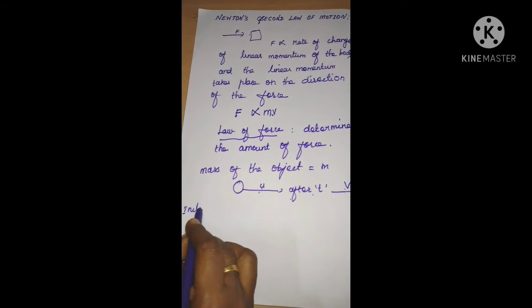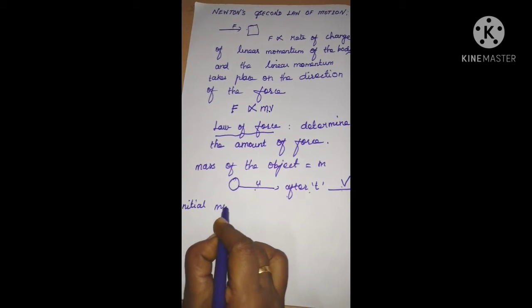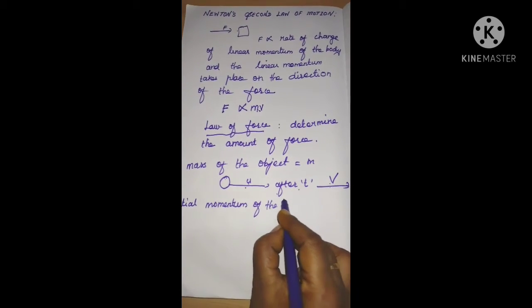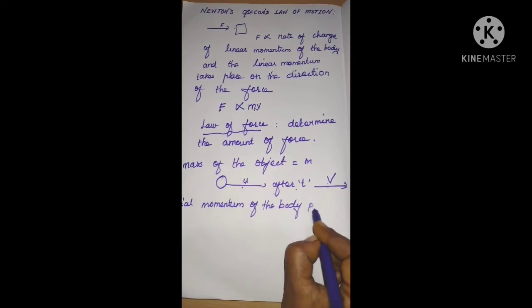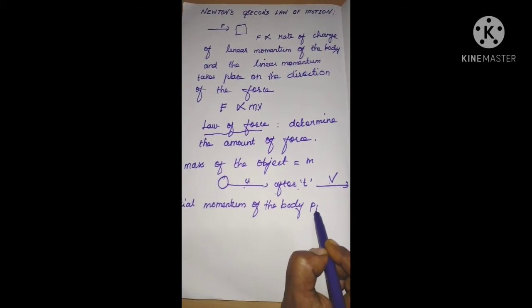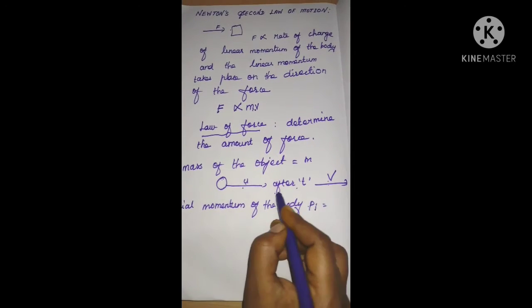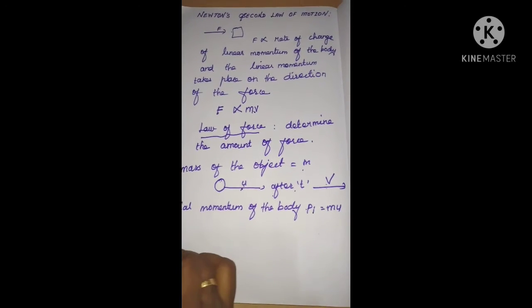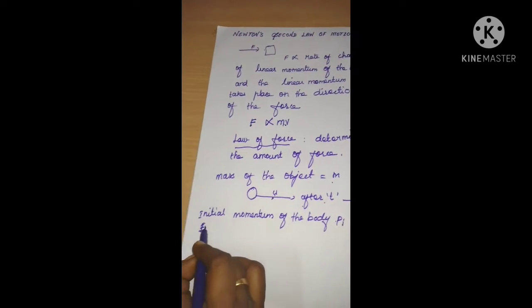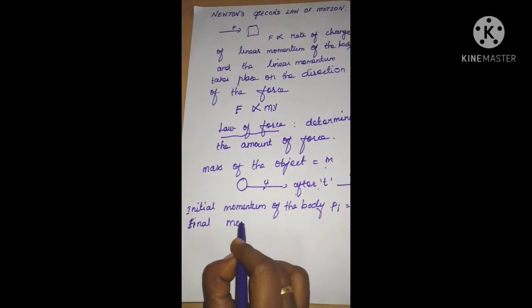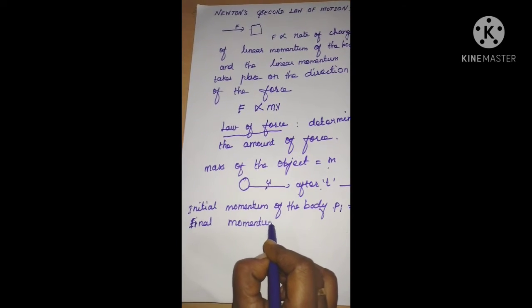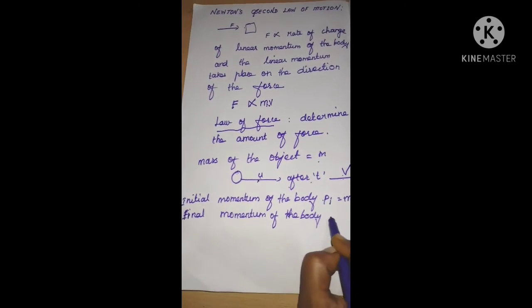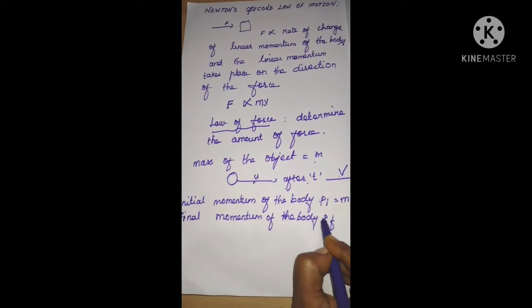So, the initial momentum of the body, Pi. P means momentum, i means initial. Initial momentum is equal to mass into initial speed, so m into u. Then the final momentum of the body, Pf. f means final, P means momentum.